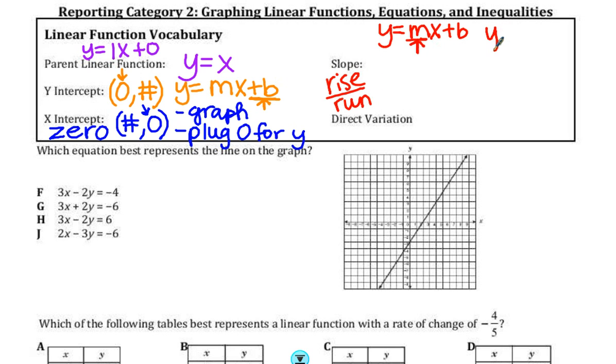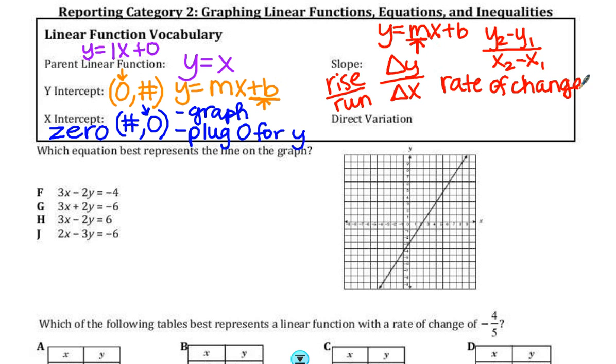I could do y2 minus y1 over x2 minus x1. I could call it change of y over change of x. And then the last one is rate of change. Don't forget, rate of change is just a fancy way of saying slope.